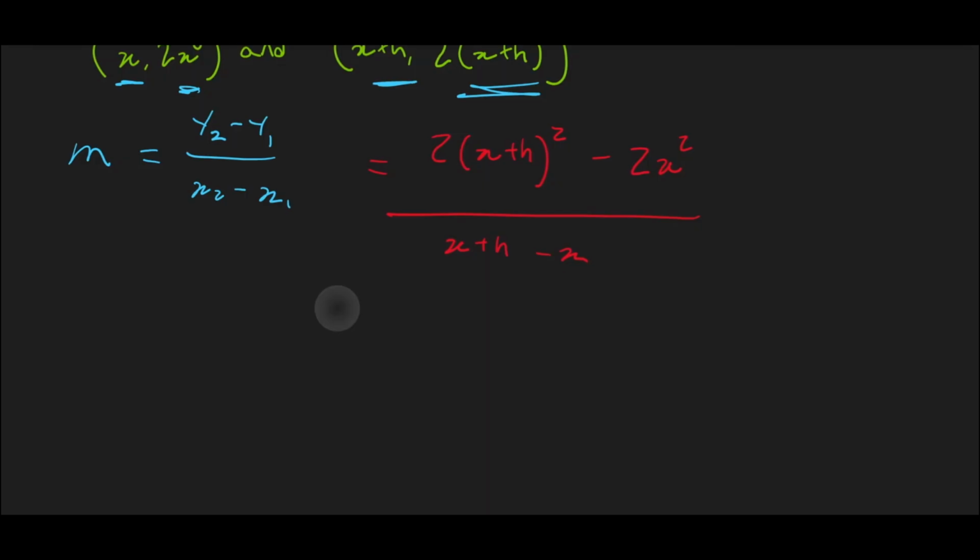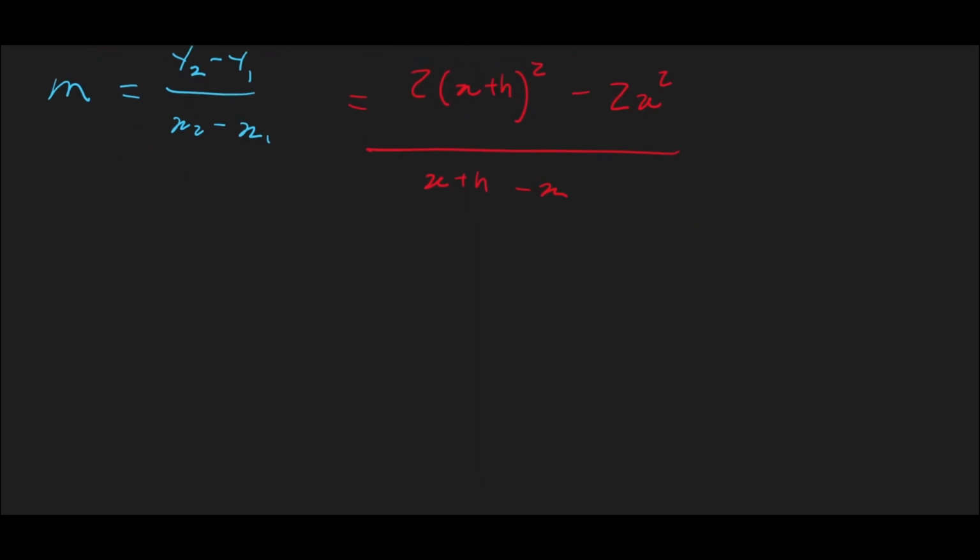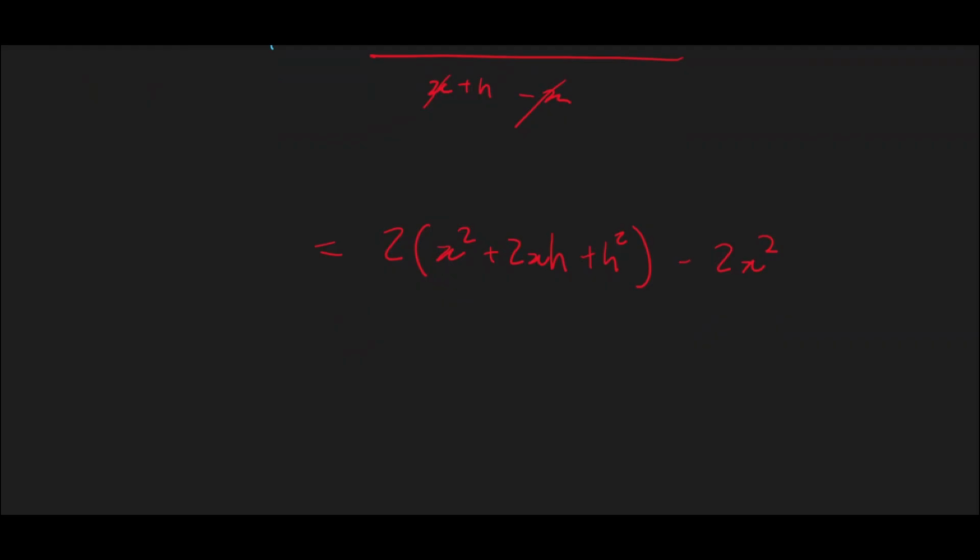Alright, so that's cool. And we can simplify this a little bit further. On the denominator, we have a positive x and a negative x, so they can cancel out. So 2 multiplied by x plus h squared is x squared plus 2xh plus h squared, and then we have minus 2x squared just on the end, over h.